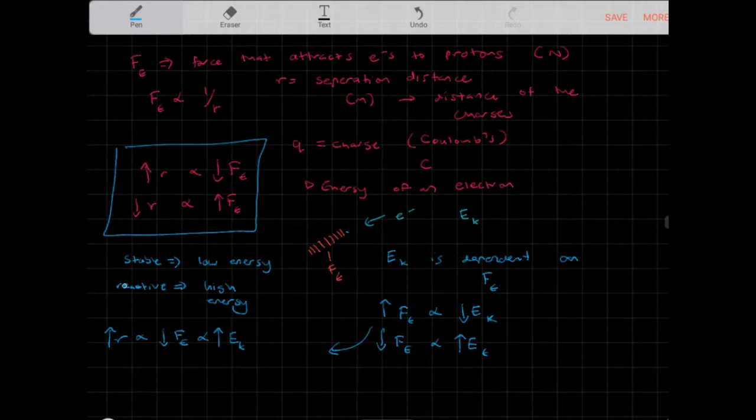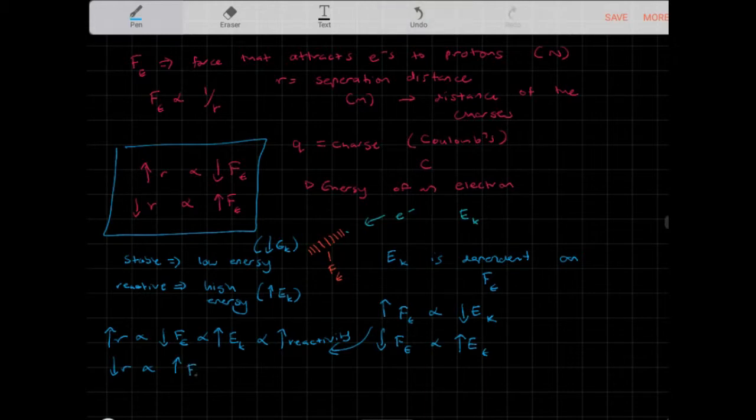And this goes back to being stable or reactive. High energy means high kinetic energy. Low energy means low kinetic energy. So an electron would be more reactive, so as separation distance increases, reactivity increases. And vice versa, as the separation distance decreases, the force of attraction will decrease, oh sorry, the force of attraction increases, I made a mistake there.